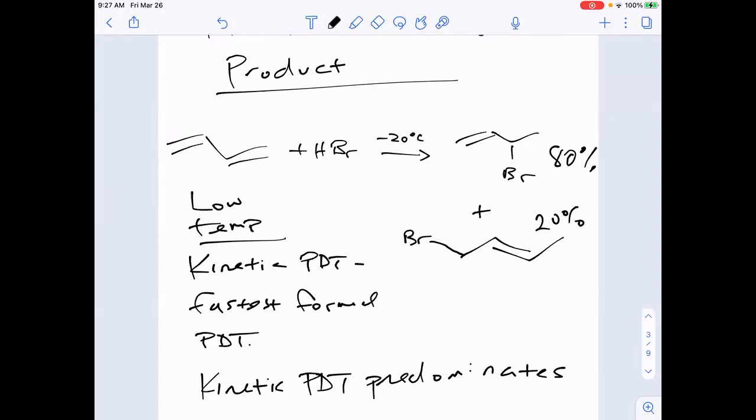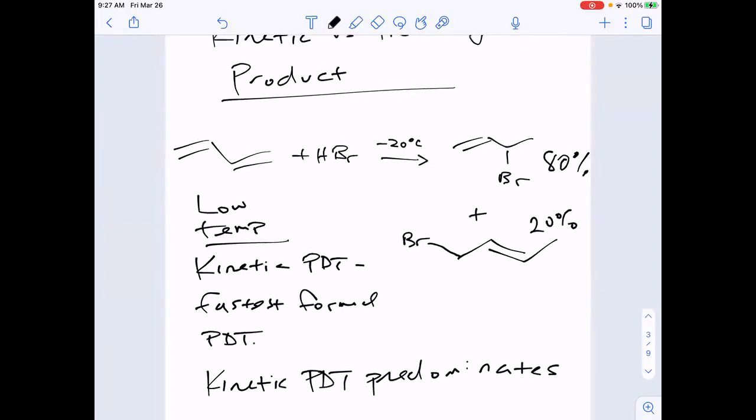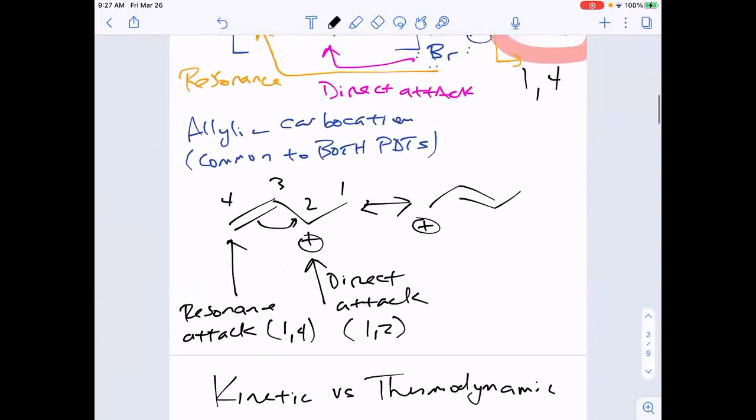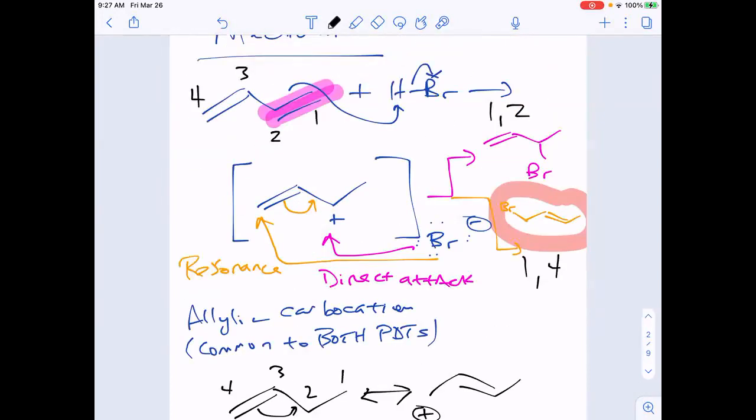And the reason is, let's go back up to the mechanism. The first thing we get to in the mechanism is that 1,2 carbocation. Since that carbocation already exists at low temperature, the fastest thing to happen is for bromine, or whatever your halogen nucleophile is, to simply attack that.